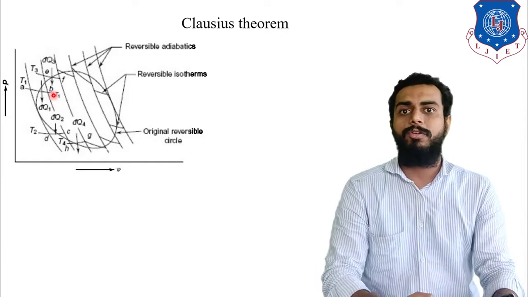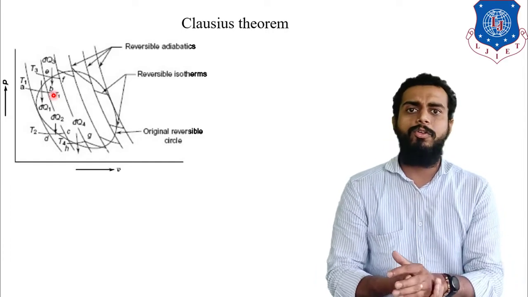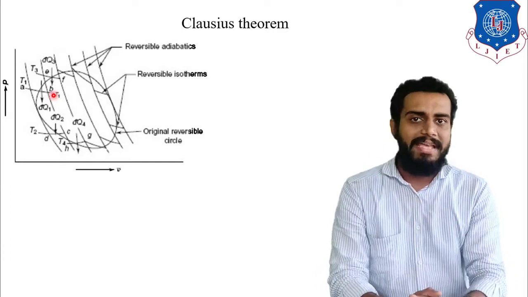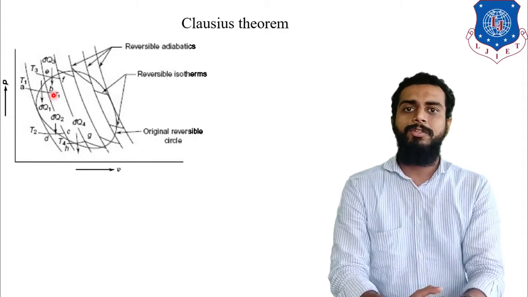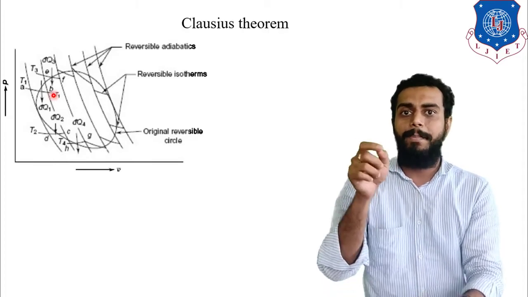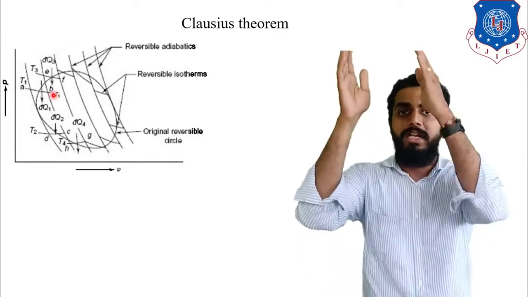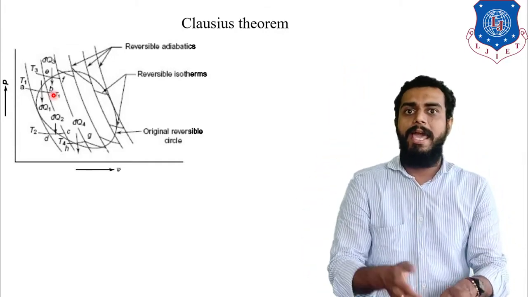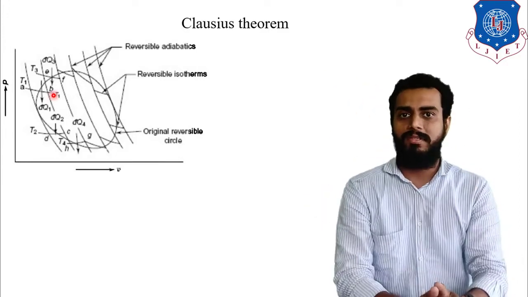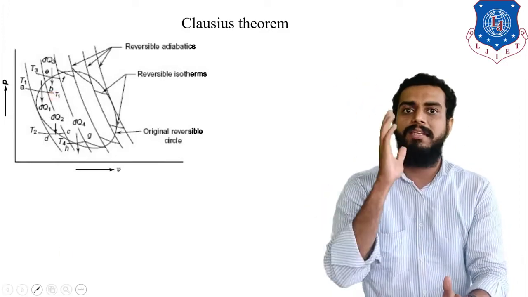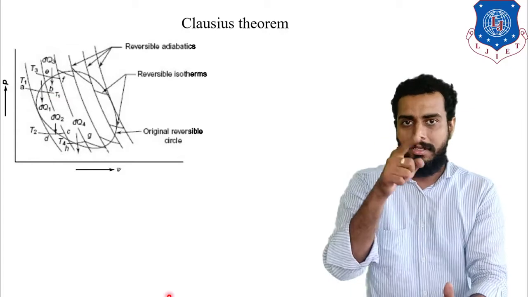Now, sir, what do you want to convey? The message is that you can replace a particular cycle by a combination of reversible adiabatic processes and reversible isothermal processes. That is the main agenda of conveying the diagram.